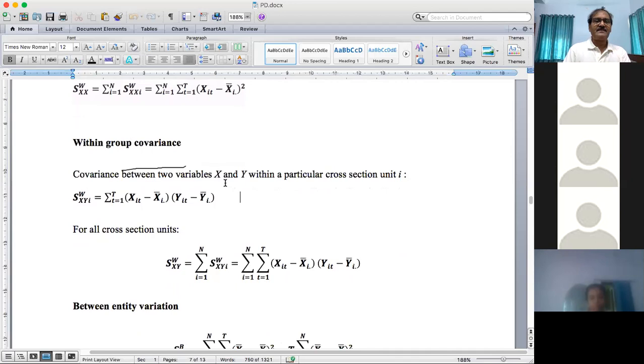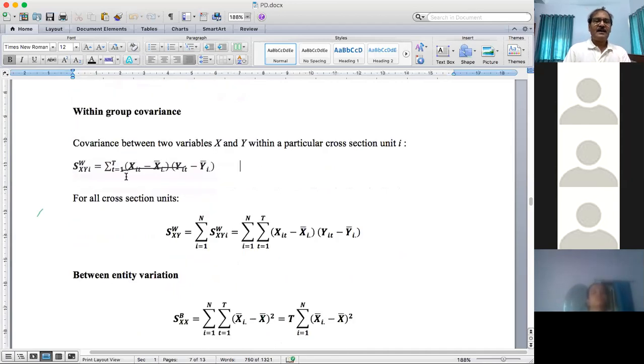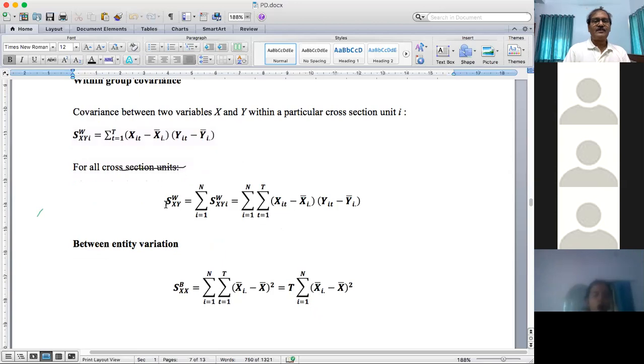Similarly, this is the covariance between x and y for a cross-section unit i. To get the covariance measure, you have to divide this sum by capital T only, because you have taken the sum over a particular column. And to take all cross-section units, we take the sum of the covariance measure for the cross-section unit i.